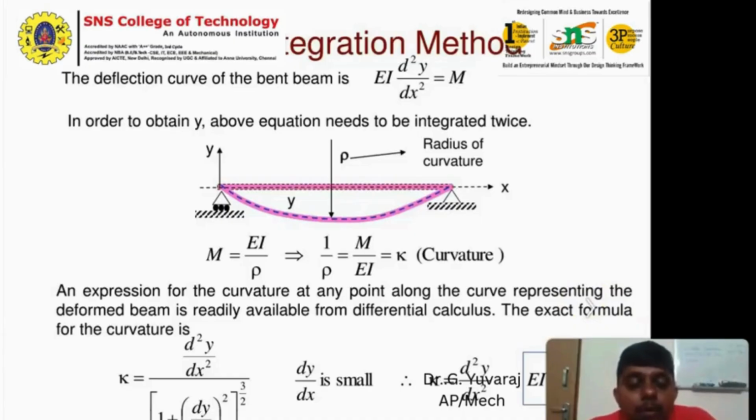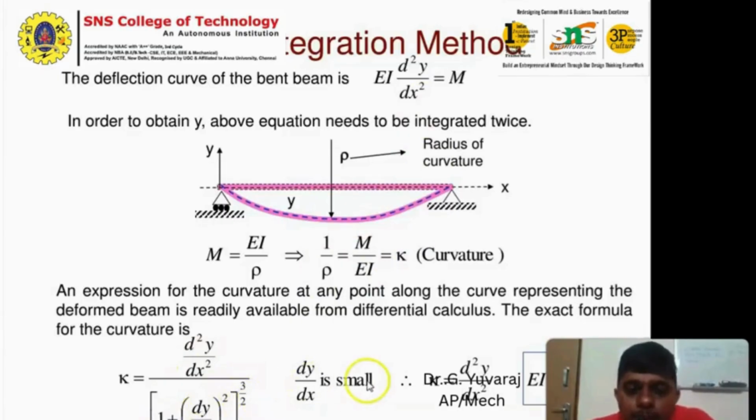The exact formula for the curvature which we are using is k is equal to this. We know that M is equal to EI d square y by dx square, and we need to substitute this M value. Here the EI gets cancelled, and therefore we get this equation.